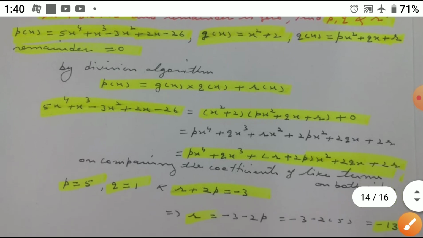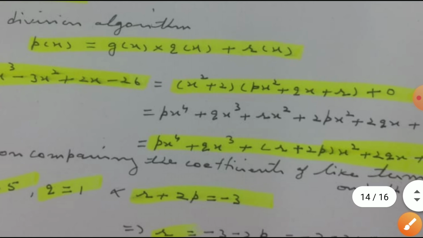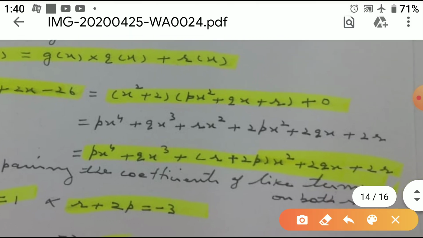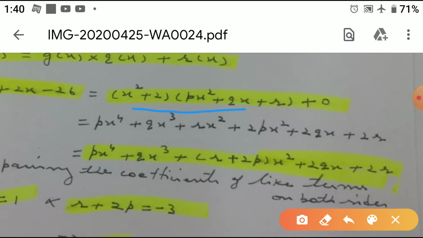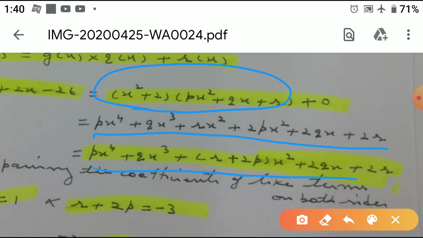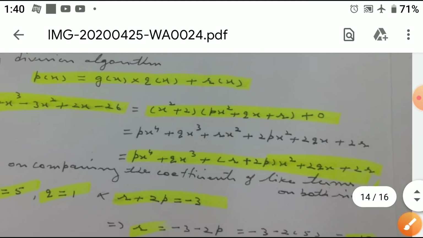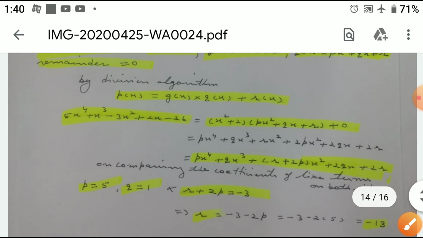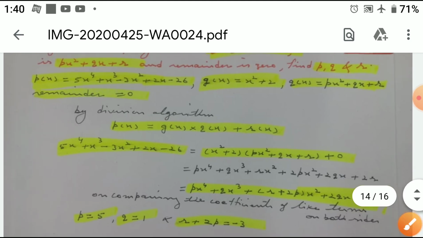Now here multiply, we get this, take common. Okay, so here we have a coefficient of x4, coefficient of x cube, coefficient of x square, coefficient of x, and without x term, right? So here look at this. Now we compare this.